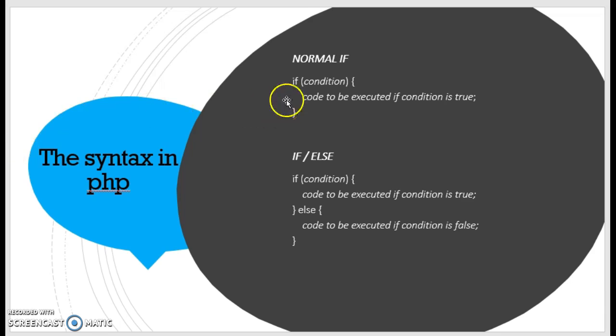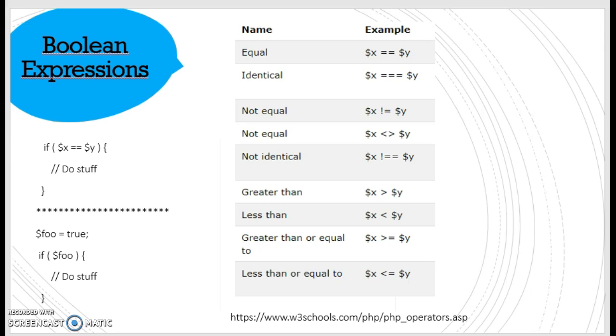So thinking and talking a little bit more about the conditions that we have to evaluate in these control structures. As I found in W3 Schools, in this link right here, a table with comparison operators. So these are examples of what you can have inside the parentheses, the condition part.